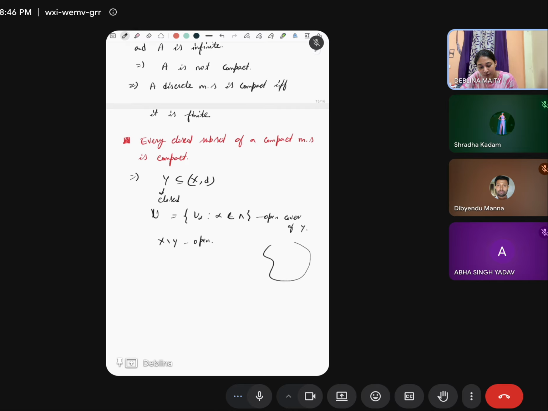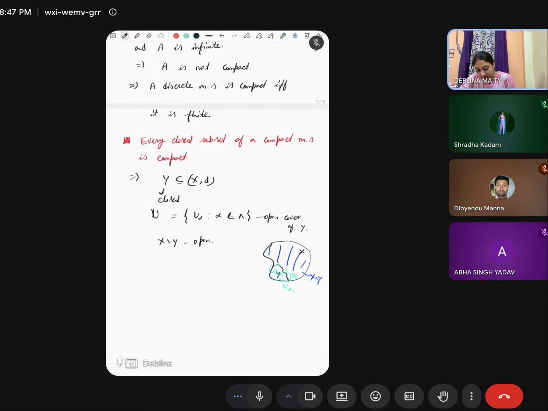So this is the whole X and this is Y, and we have taken open covers of Y. This is some U alpha 1, U alpha 2, like this, open covers of Y. And this part is X minus Y, and X minus Y is open.